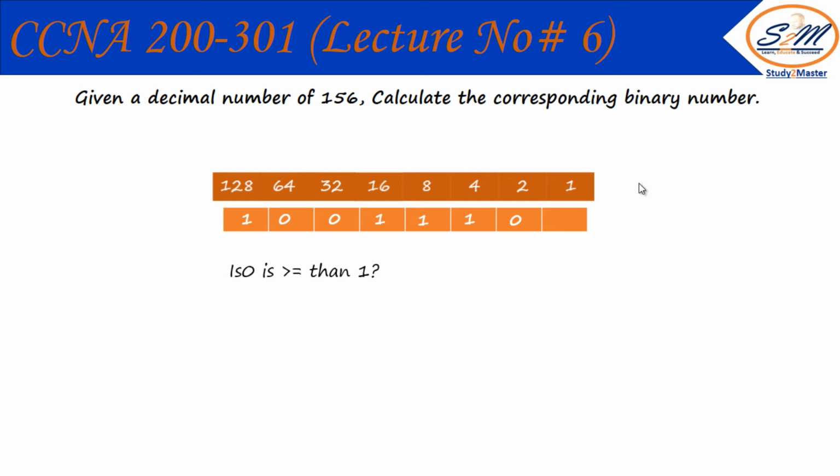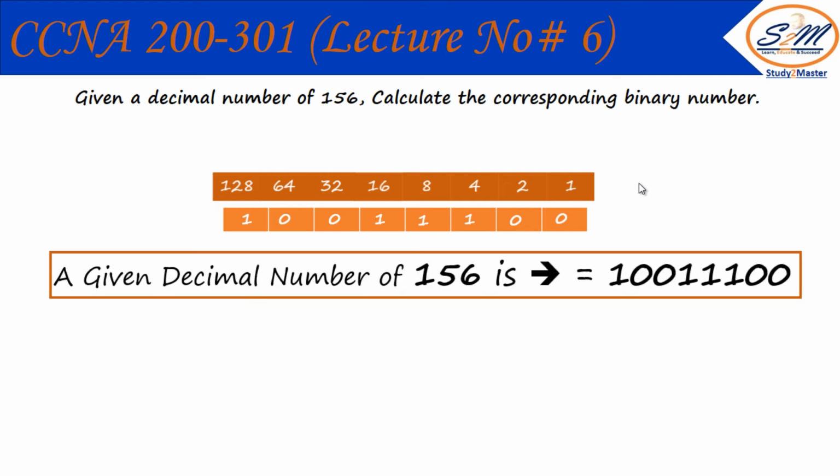Is 0 greater than or equal to 1? No. Place a 0 in the 1 column. A given decimal number of 156 is equal to 10011100. It's the process of how to convert from decimal to binary.